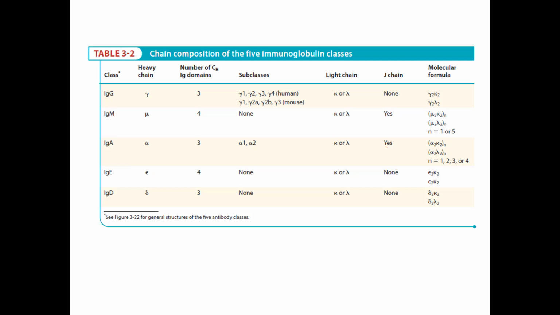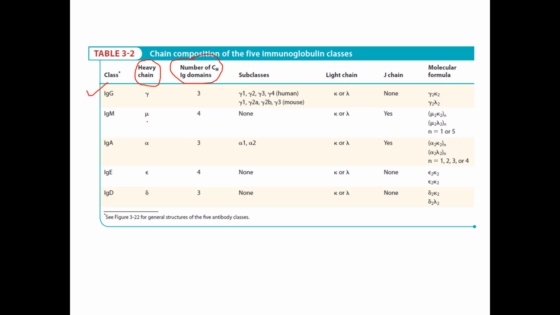So there are five different immunoglobulin classes, and they are differentiated based on the composition of the heavy chain as well as the number of Ig domains, that is the constant Ig domains. So first of all we have IgG, which is composed of the heavy chain gamma, and it consists of three constant regions.